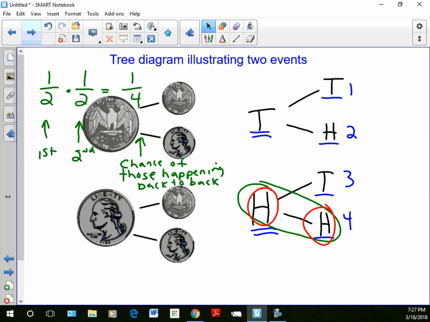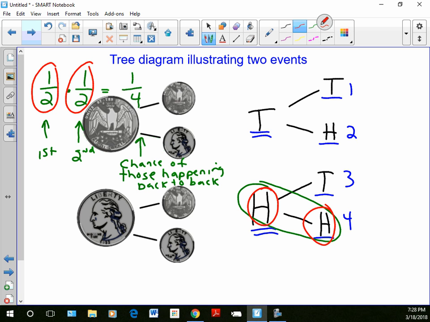Well, we use this tree diagram to illustrate that the total chance of you getting heads the first time and you getting heads the second time is 1 out of 4. Because the first event you had a 1 in 2 chance, as illustrated right here. In the second event you had a 1 in 2 chance. And when you multiplied those 2 together, you had a 1 in 4 chance of getting heads and heads, or illustrated right here, heads, okay?